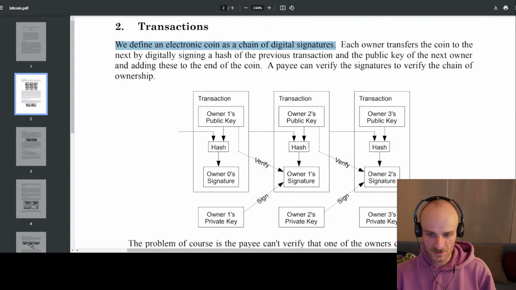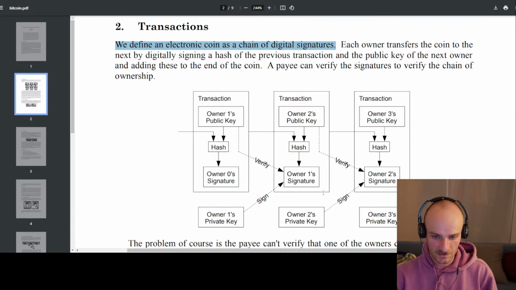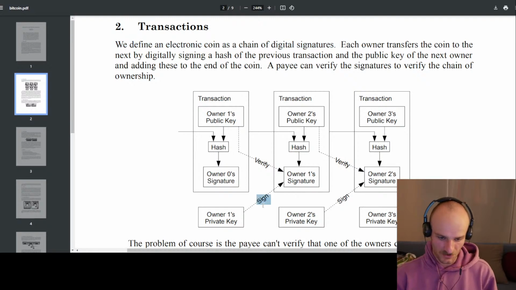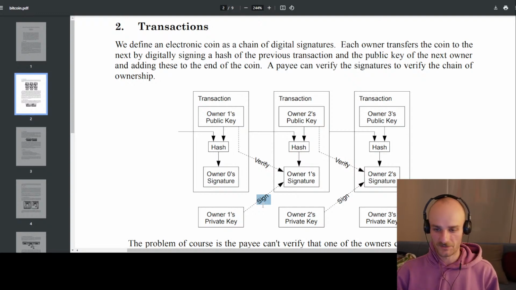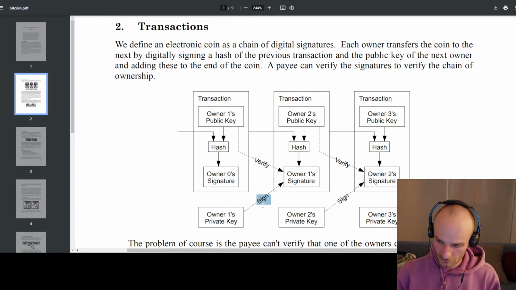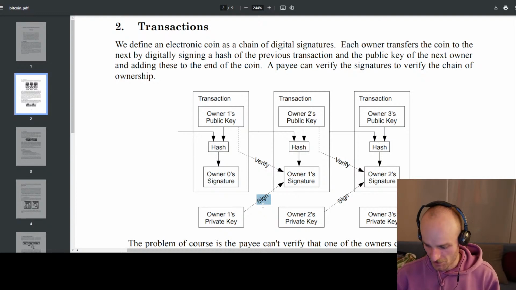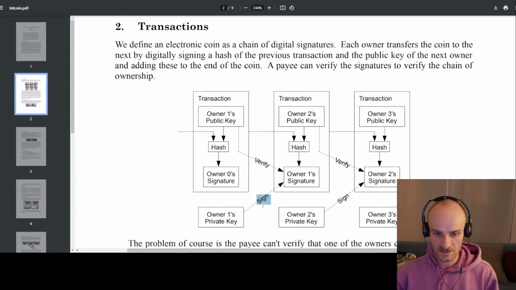So we have seen these chain characteristics. Be aware that the signature is what you do with the private key, and verification or change of possession is done with the public key.